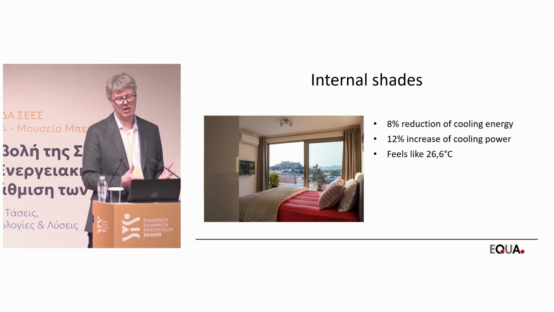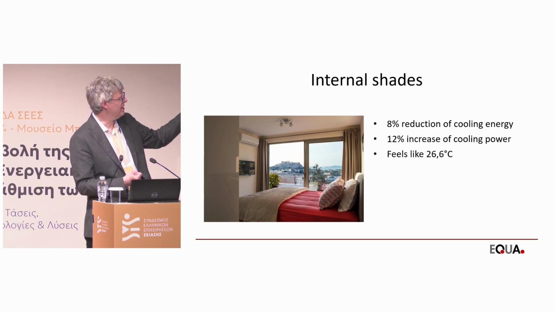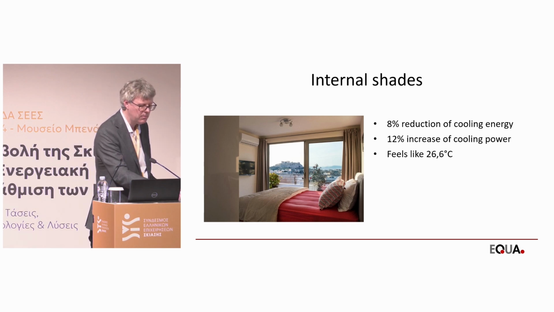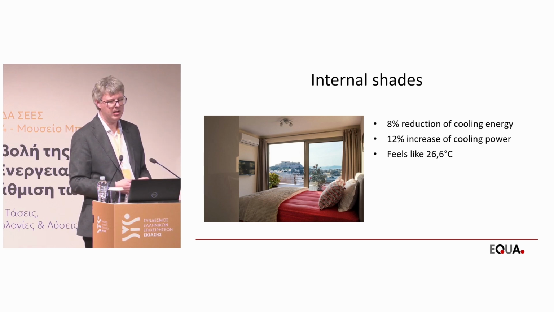So that is maybe not that much, but even worse is that we increase the cooling power, because instead of absorbing the heat in the structure, the heat is directly transferred to the air and needs to be cooled down. So internal shades like this are probably not a great solution.